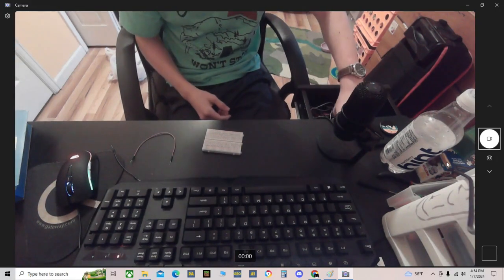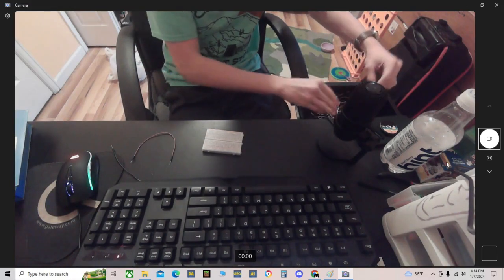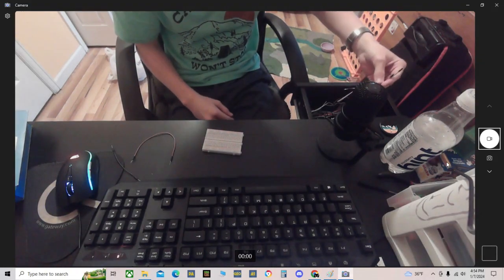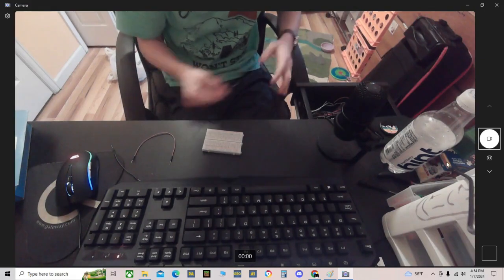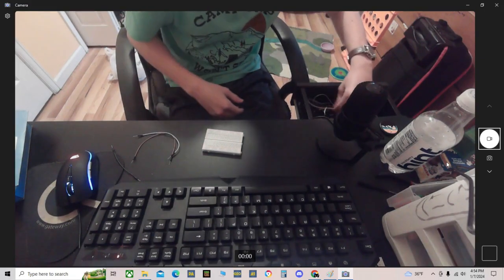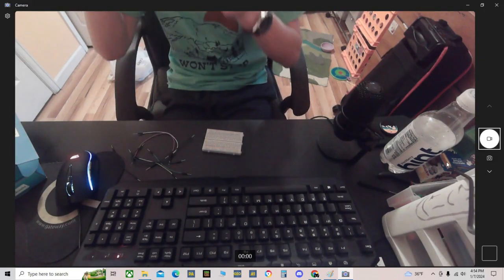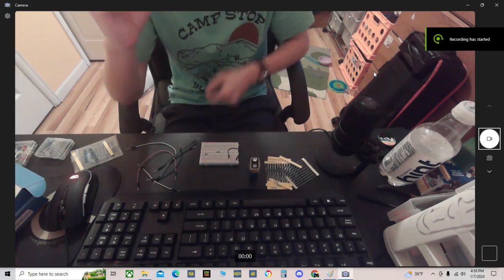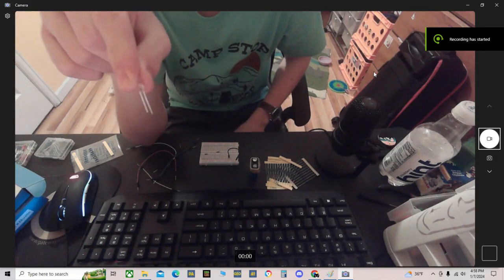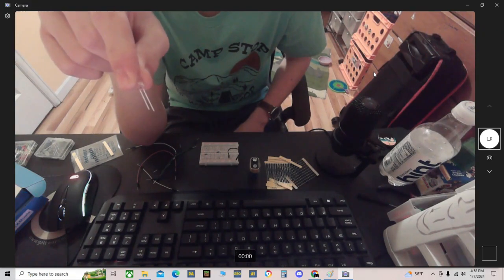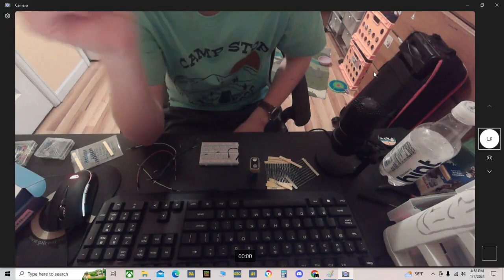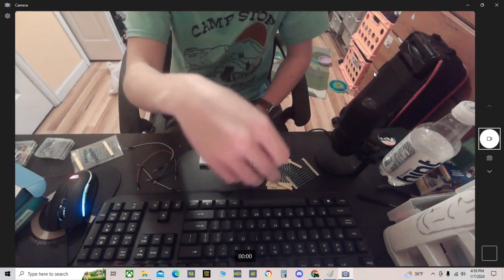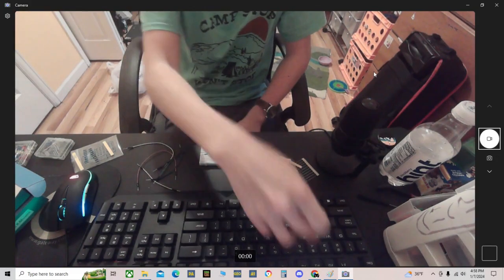So I said I needed a 25,000 ohm resistor. I have that somewhere, I just don't know where. Mine are cool because they're labeled. And you can tell the polarity of the LED: the positive is larger than the negative, or the cathode is larger than the anode.